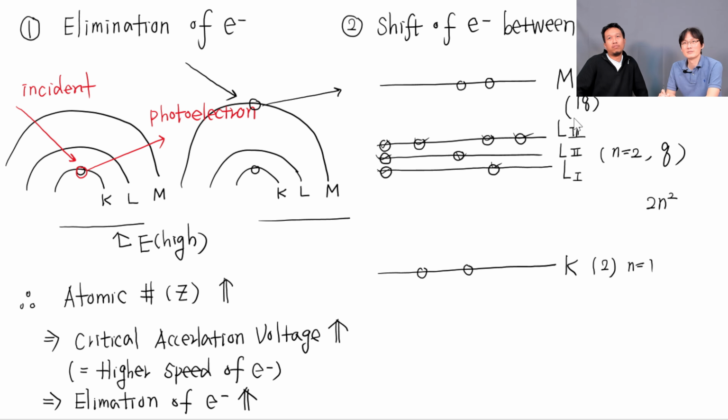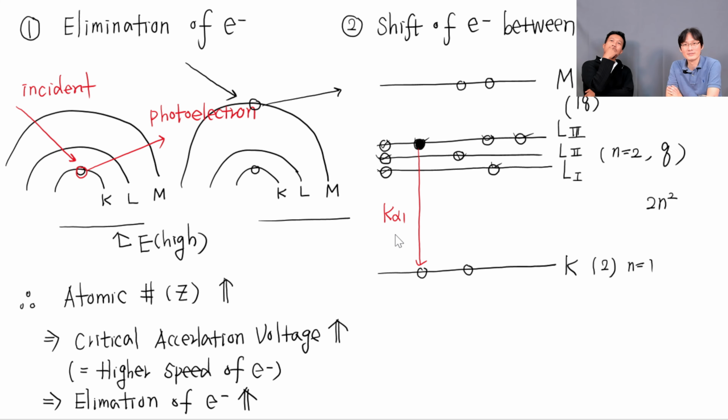Oh, it's so big. I'll just start from here: this electron from the L3 subshell can drop to the K orbital. This is very critical, and we can call it K alpha 1.